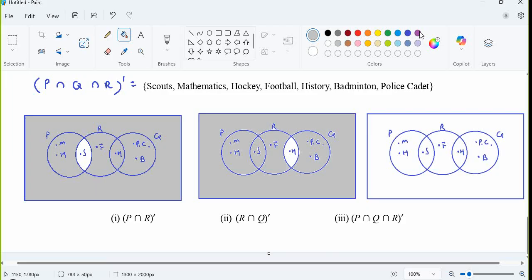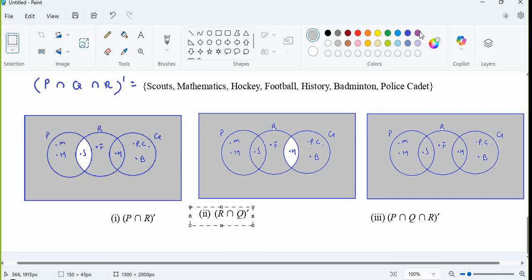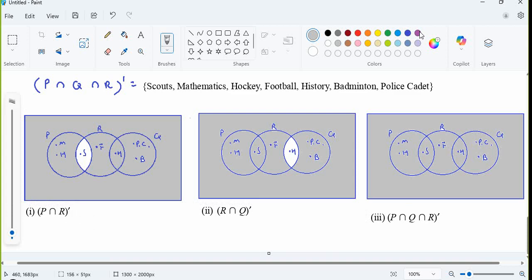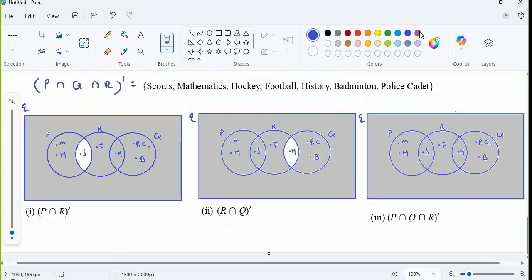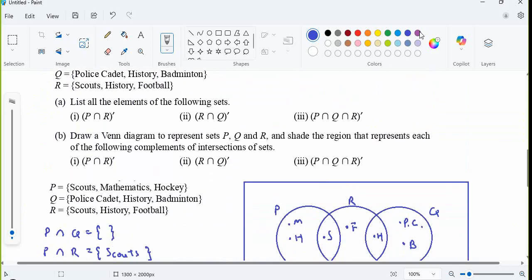So outside of it will be this. And then the intersection between all three sets is the null set. So the complement of the null set is the whole set, the universal set. So this is the universal set, and then we have a universal set here.